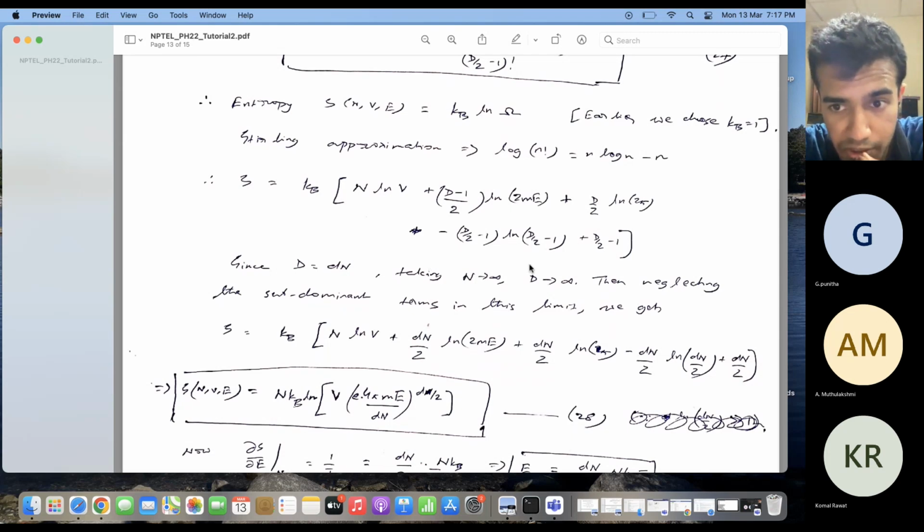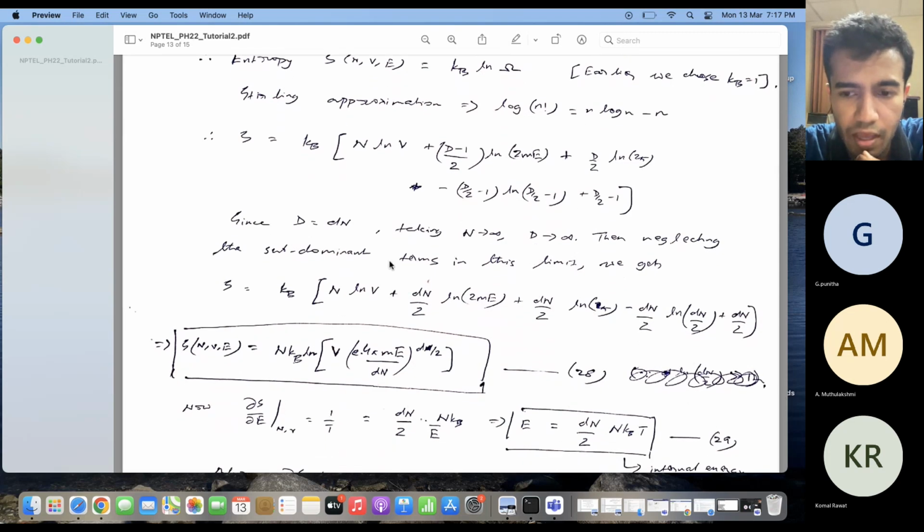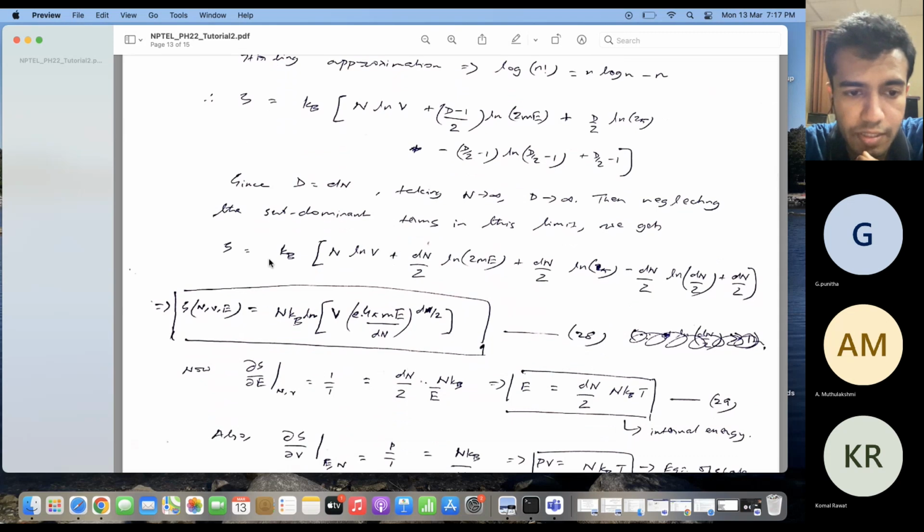After doing the Stirling approximation and neglecting those terms, I arrive at this particular value of entropy, which is equal to N k_B log of V multiplied by (4 pi m E divided by dN) raised to the power d by 2, and this small e is basically the exponential e.